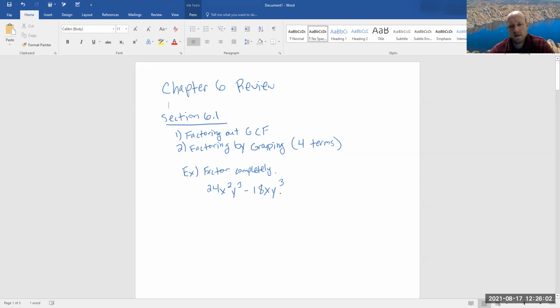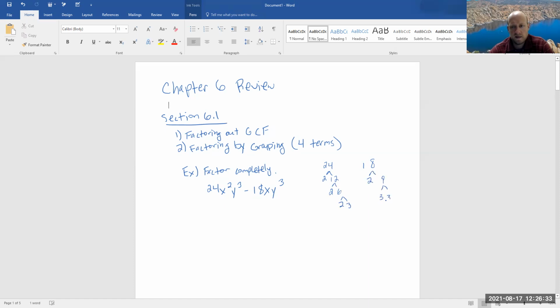So in this case, I would be looking for the greatest common factor. So you're looking for numbers, something that goes into 24 and 18. And the greatest number that goes into both 24 and 18. And again, you can look at these and kind of break them down into kind of what I would call a product of primes.